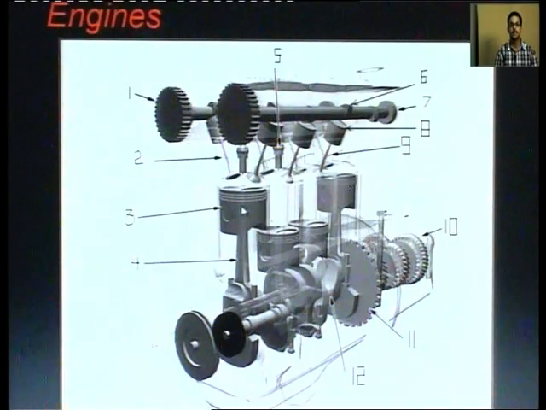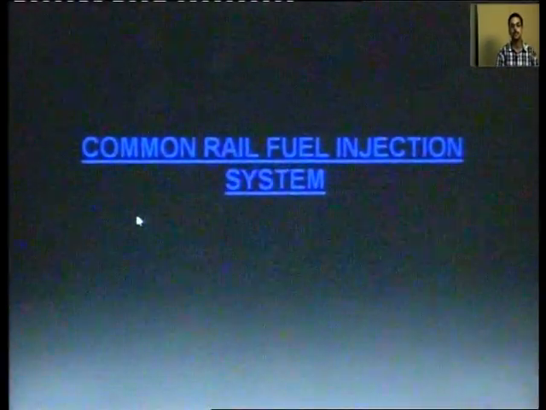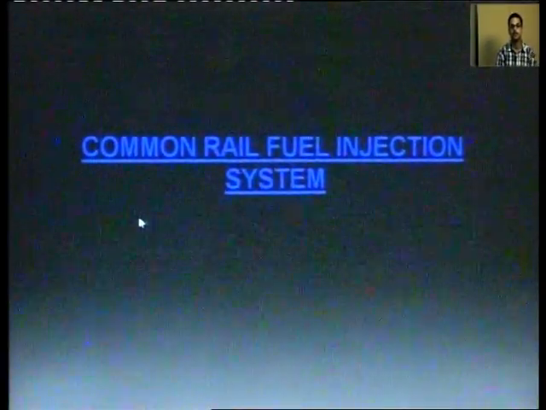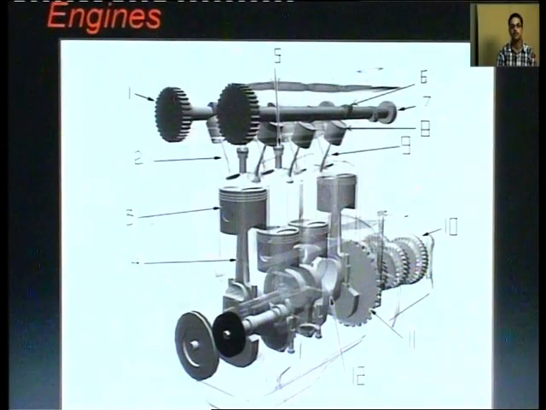These are the pistons 1, 2, 3 and 4. And these are the gear trains. These are the valves, each having 2 valves.